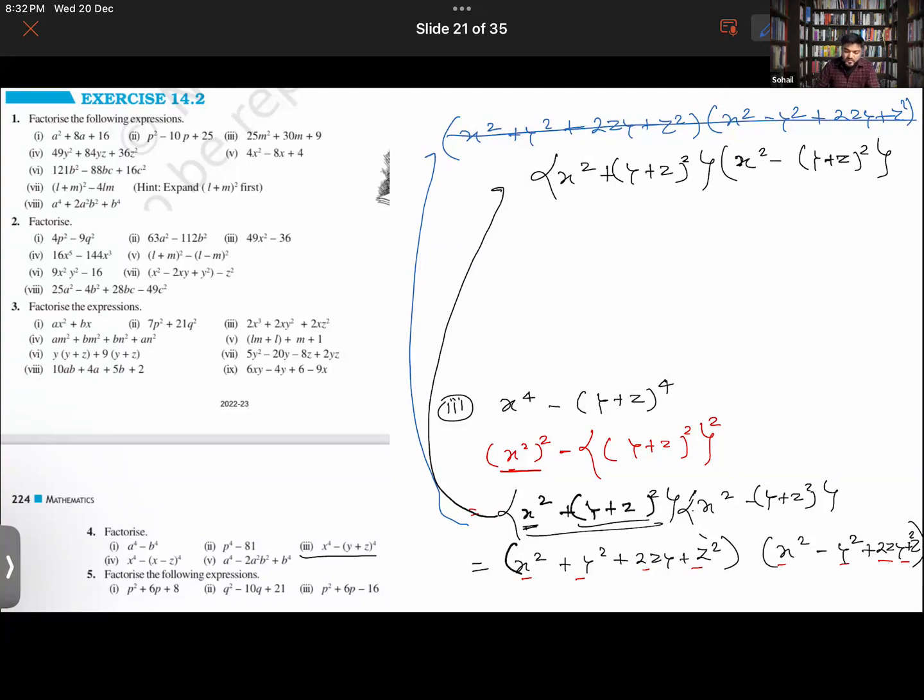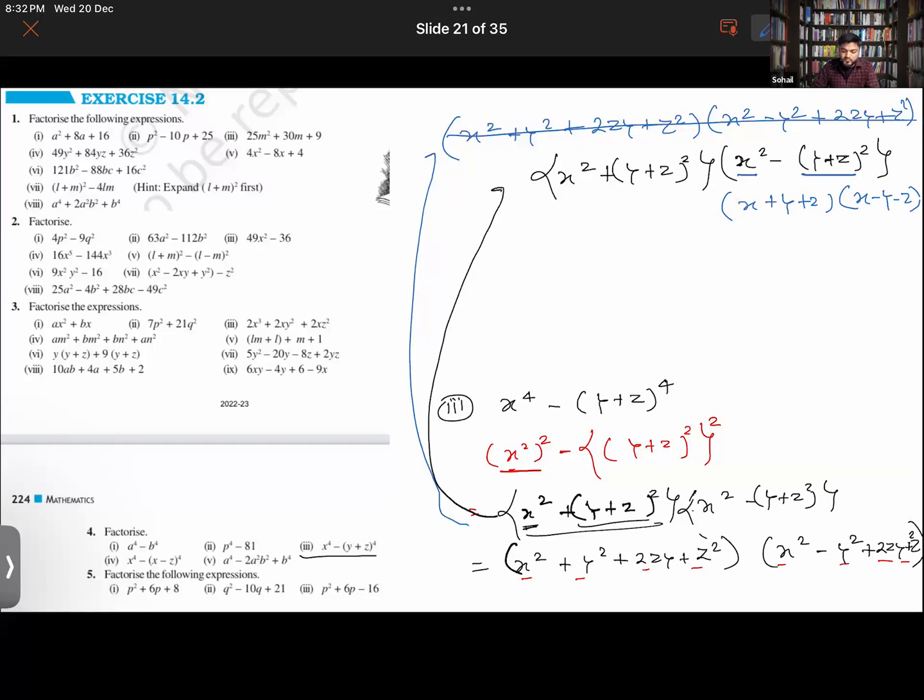Now also I see here that this one over here, is it not in the format of a square minus b square? If I have assumed x square as a square and this y plus z I assume as b, thereby this is b square. So can I not also write it like this, x plus y plus z into x minus y minus z? Can I write it like this?